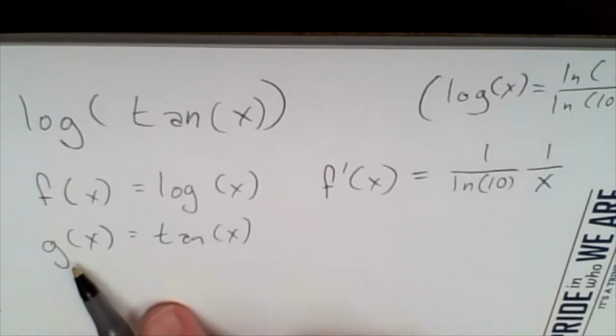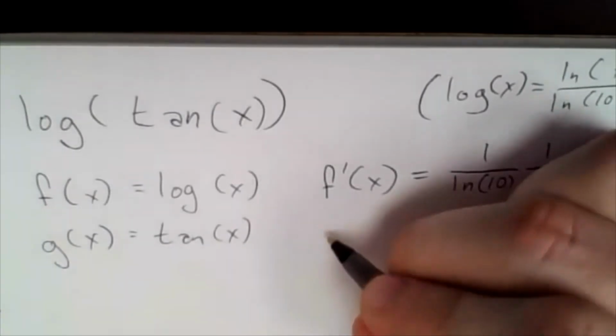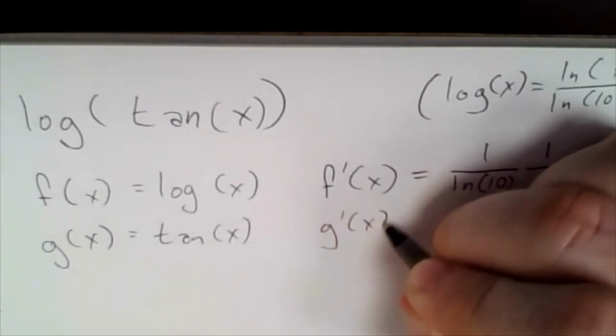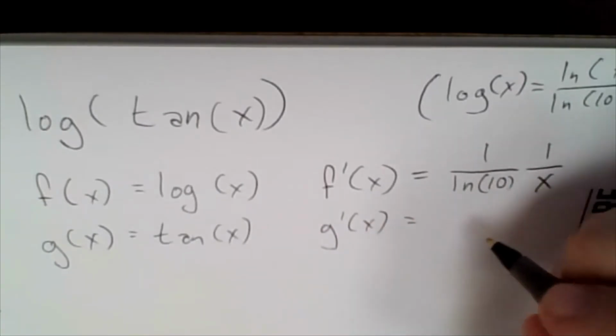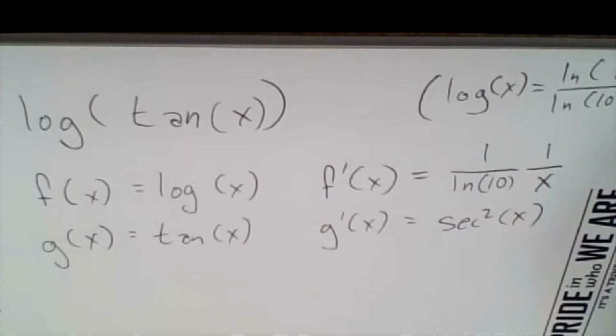I still need to calculate the derivative of g, the derivative of the tangent function. G prime of x, derivative of the tangent function, is, of course, secant squared of x. I like to think of these notes as the ingredients for my formula.